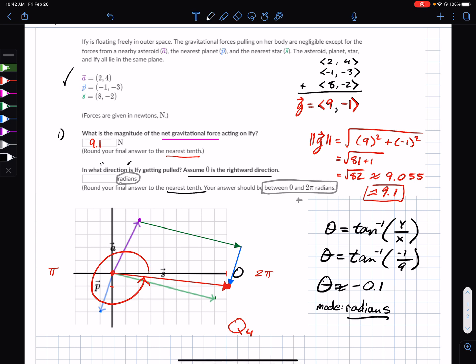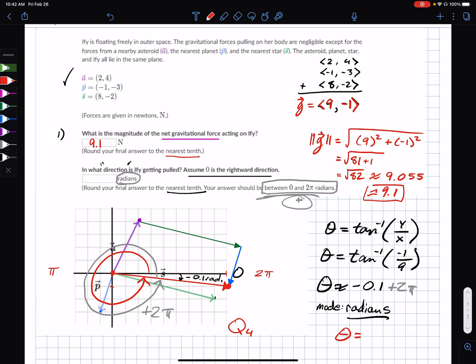And I'm telling you that's this little angle here. But what we want to do is add 2 pi, I almost said 360. Add 2 pi to get that to be positive. And so I'm going to add 2 pi. And now we get the actual angle we're interested in.